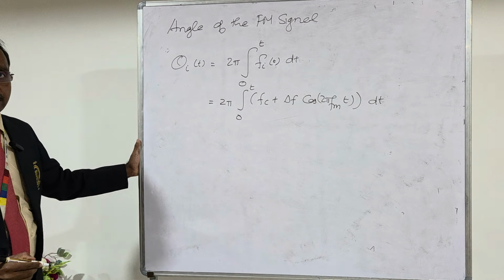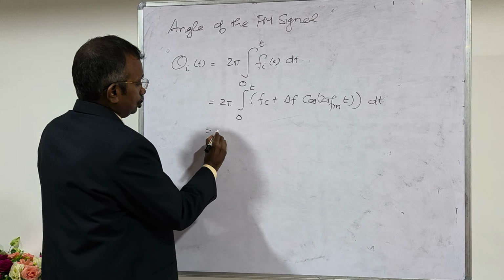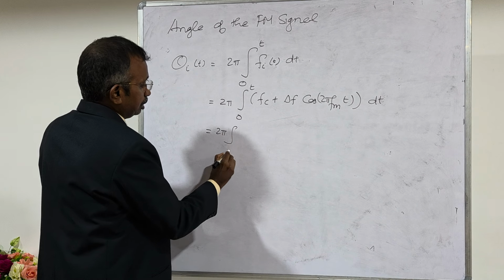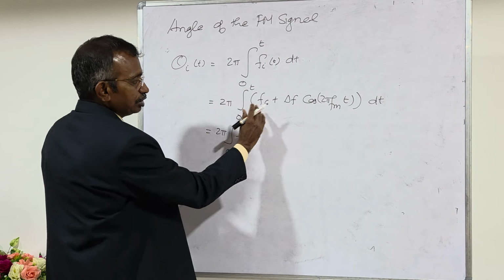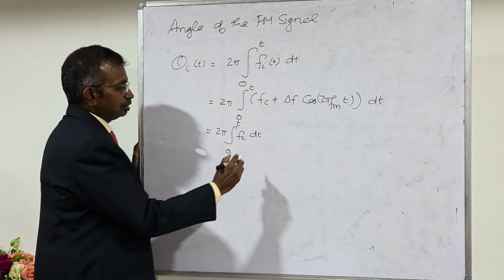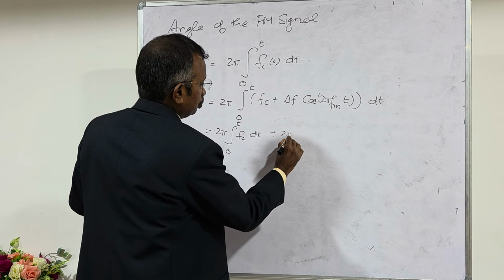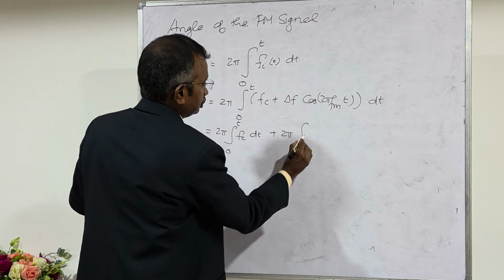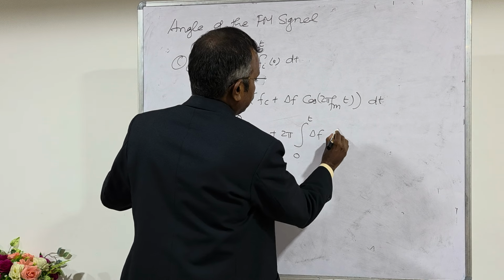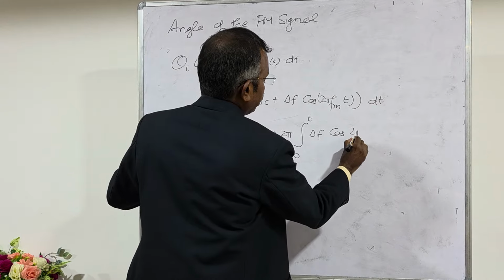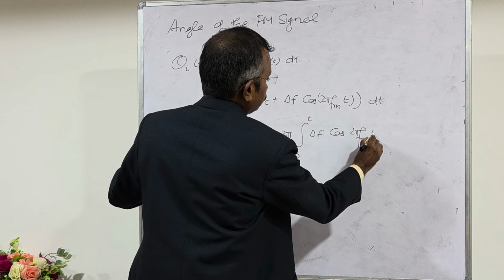Then I can write this as 2 pi integral 0 to t fc into dt, I am splitting this into two terms, plus 2 pi integral 0 to t del f into cos 2 pi fm into t into dt.